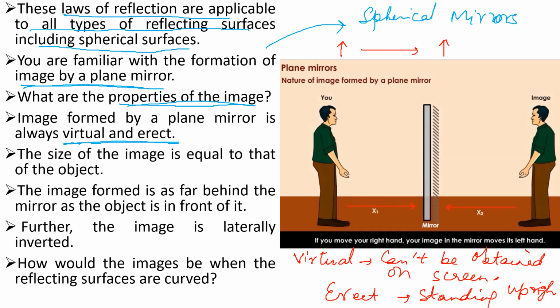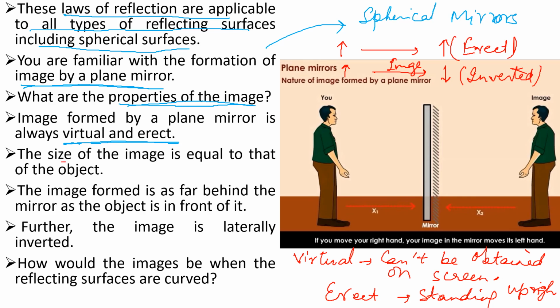Okay, size can vary but direction will be same. And if my candle is burning this side and its image is this, so this is called inverted. Inverted, getting upside down. And this is called erect. Erect means straight. Got the basic concept?